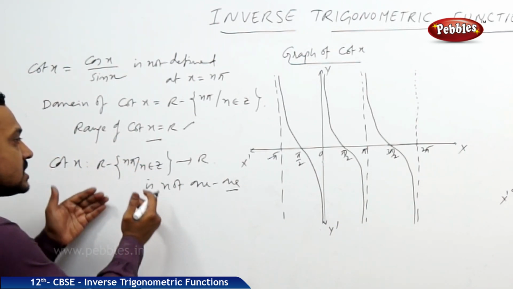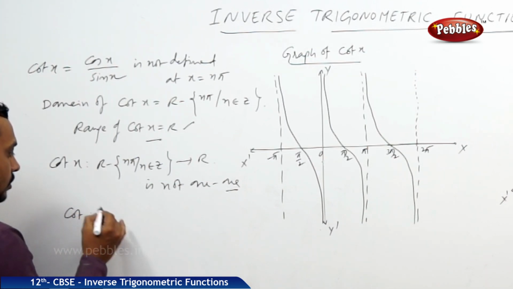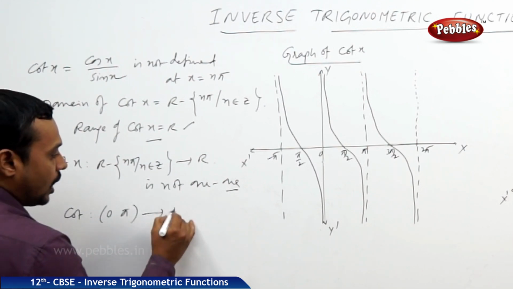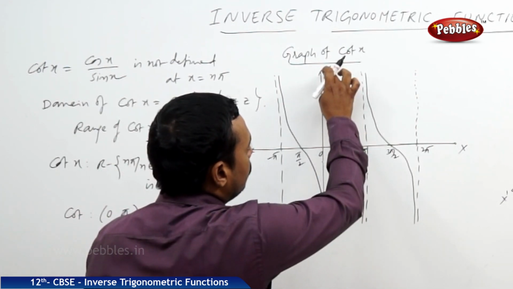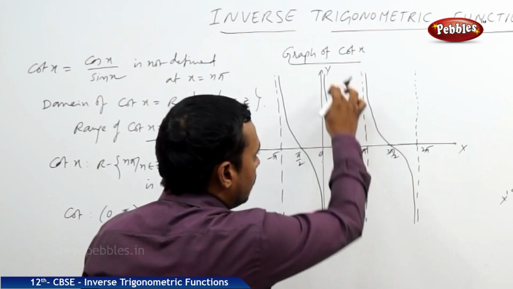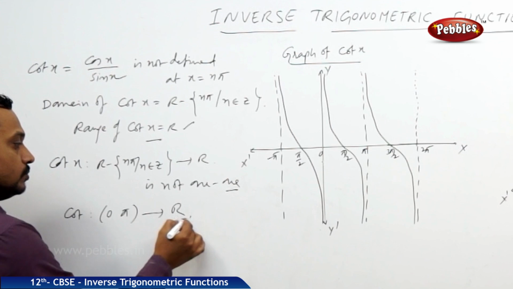When the interval is restricted to 0 to pi, to R, in this interval 0 to pi, cot is completely decreasing, so that it is one-one as well as onto.